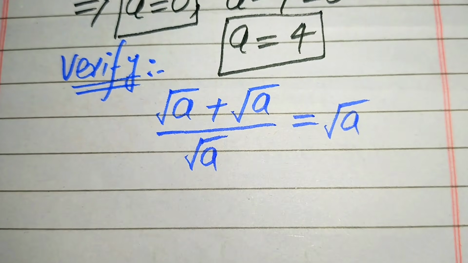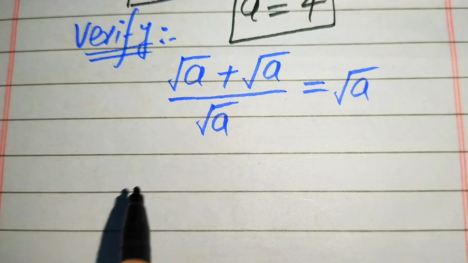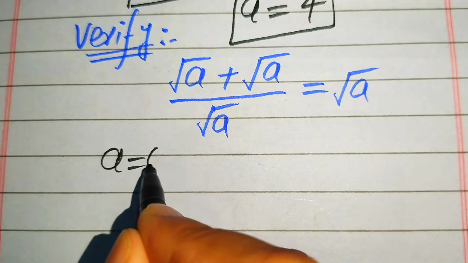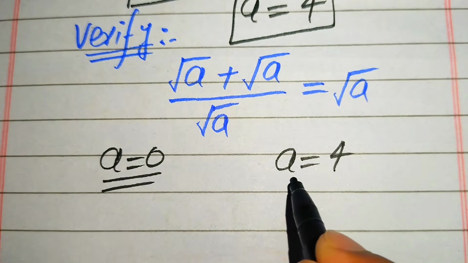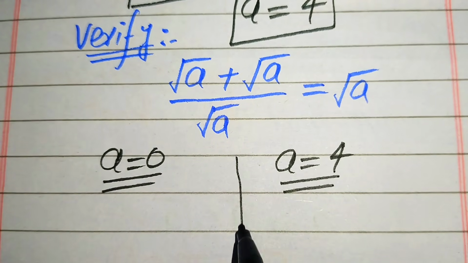So this is our given question statement, and here we need to verify the above two values of a. So on this side we will verify a is equal to 0, and on this side we will verify a is equal to 4.